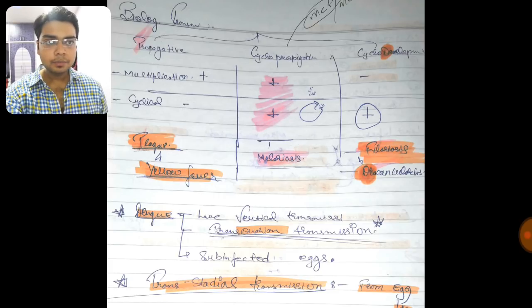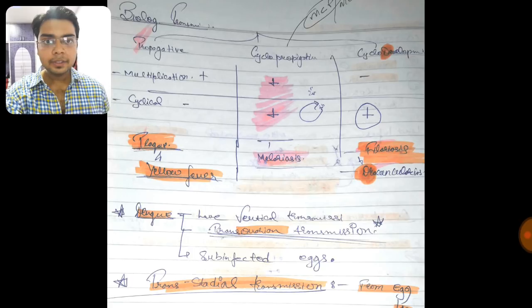So biological transmission is by different developmental stages. In propagative there is only multiplication, in cyclopropagative there is multiplication and it is cyclical. In cyclodevelopmental there will be no multiplication, but development will be there.